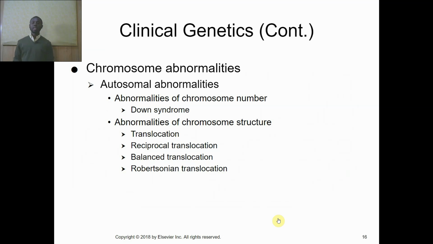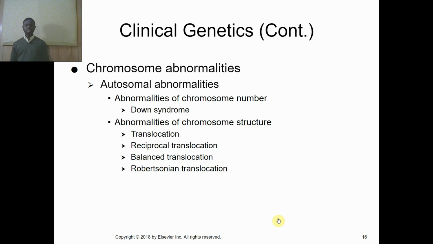These are some examples of disease processes that result from the different types of chromosomal abnormalities. And we are not going to go into a lot of details about the symptoms of these diseases. Just know that these are some examples. So for example, if there are any abnormalities with the number of chromosomes, then you can have Down syndrome.